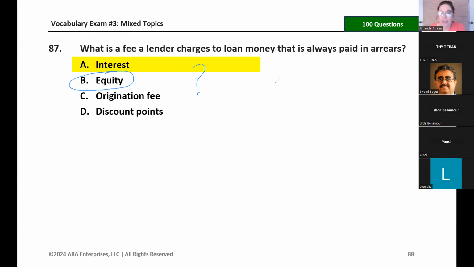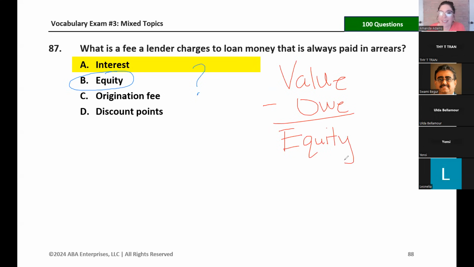Equity is the difference between what your house is worth, the current value, what you could sell it for right now, minus what you owe on it, any liens you have against it. That is your equity. You're welcome, Swami. So if you had to put your house on the market today, what it's worth today minus what you owe, let's say you have an existing loan on it, that's your equity. Okay, very good, guys.